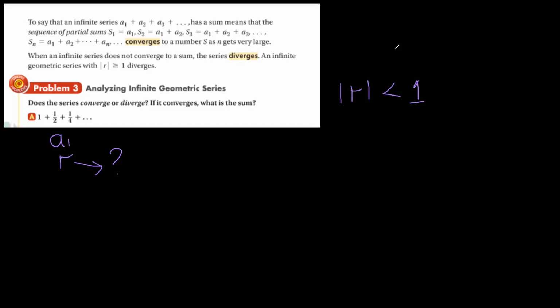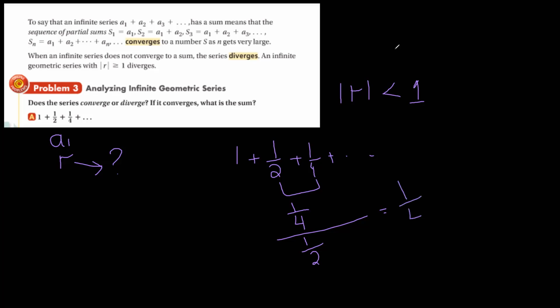Look here. Let's find r. We have 1 plus half plus 1 over 4, and so on. If you divide 1 over 4 by 1 over 2, if you divide two fractions, what do you have to do?